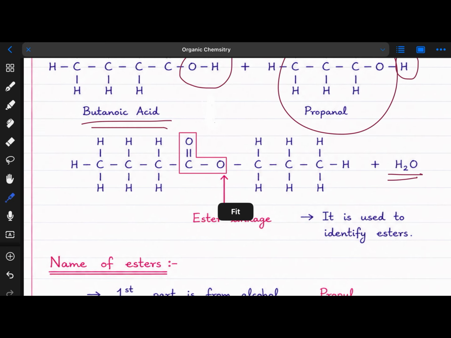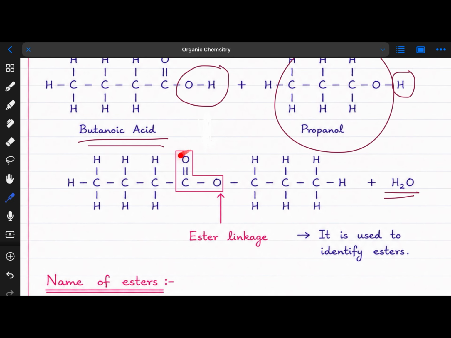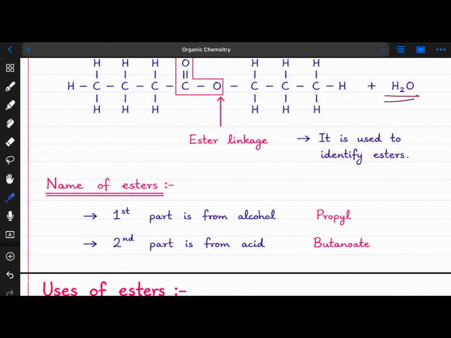And here you can see that in between the displayed structural formula of the ester, we have a C double bonded with O and a C single bonded with O. This is called the ester linkage, and this is the thing that is used to identify the esters. Now, let me tell you how to name the esters. So the first part comes from the alcohol side, and the second part comes from the acid side.